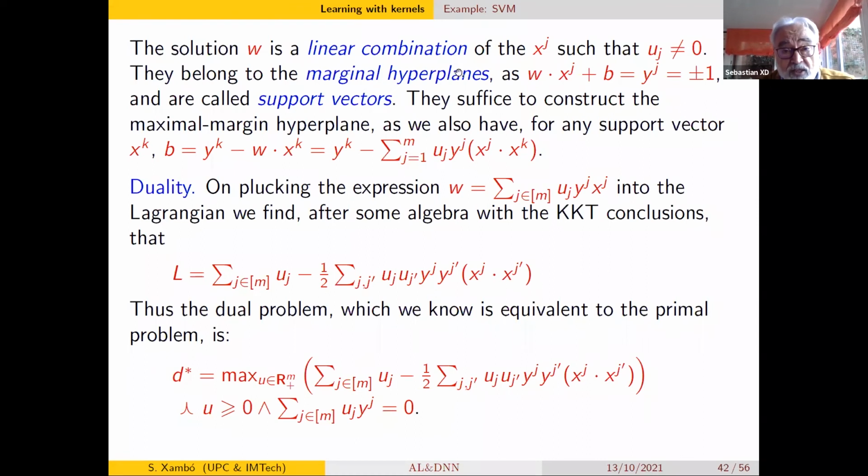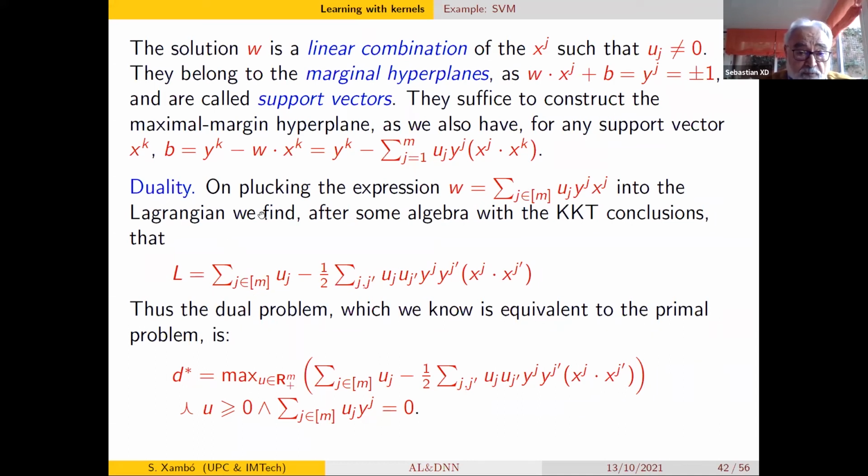They belong to the marginal hyperplanes, this plus minus 1. Remember that yj is plus or minus 1. And these are the support vectors, the data points that are on the marginal planes. These support vectors suffice to construct the maximal margin hyperplane, as we also have for the support vector xk. You can find the b trivially.